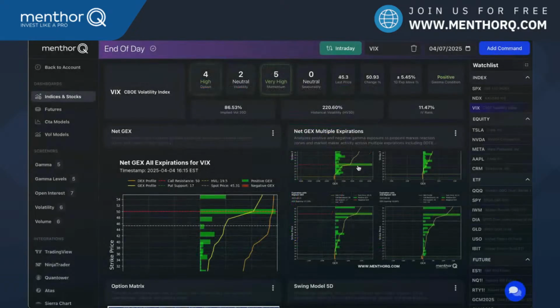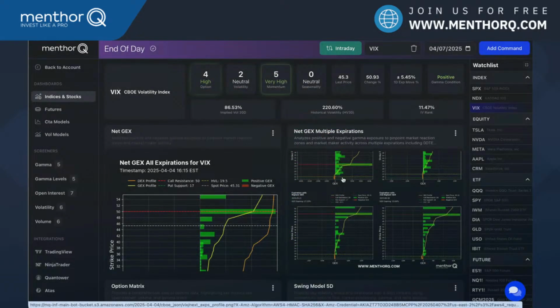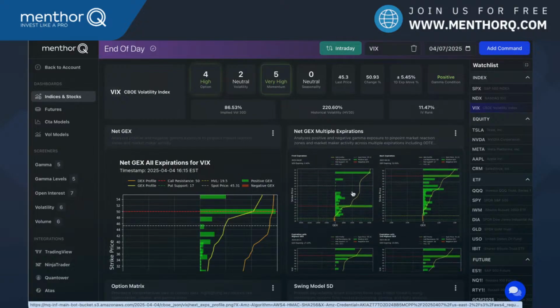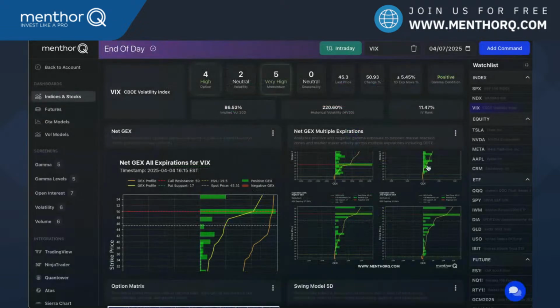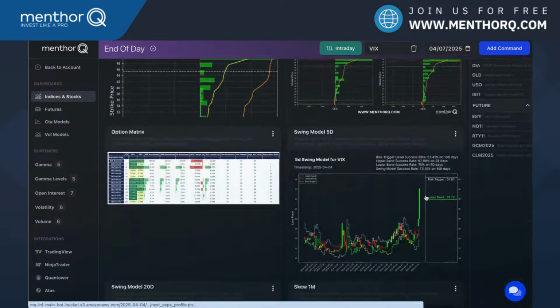Again, this is negative for the stock market, given the inverse correlation of the VIX versus the SPX. If we look at the different expirations within the chain, we don't see any negative positioning. Market positioning on the VIX is very bullish for the price of the VIX, and bearish for the market.